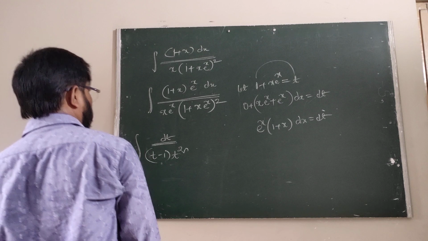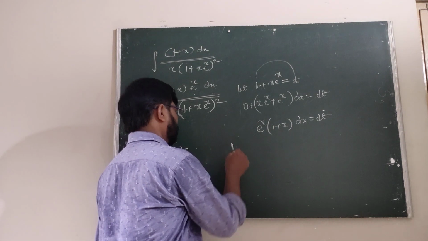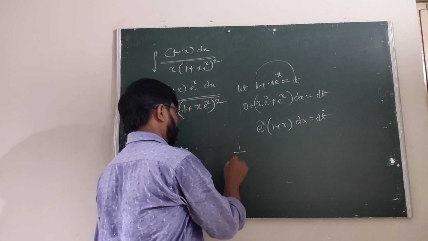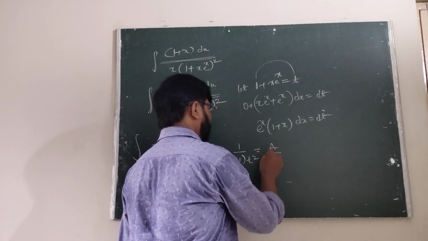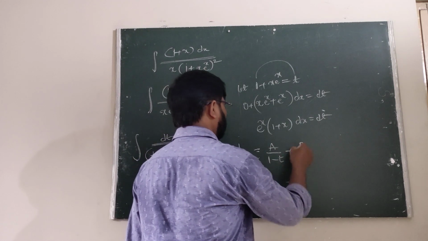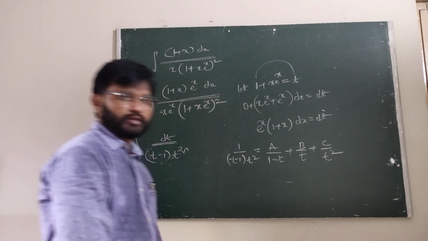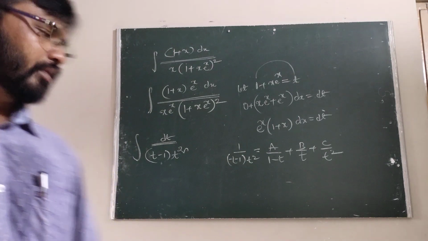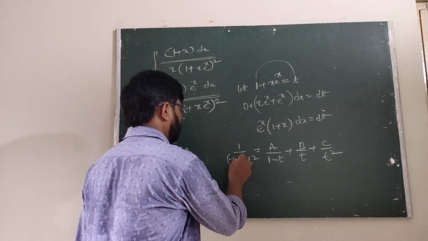Therefore, A, B, C. Now this can be written as 1 by (t minus 1) t square equals A by (t minus 1) plus B by t plus C by t square.